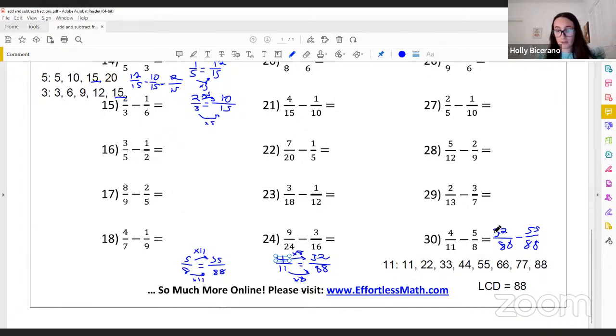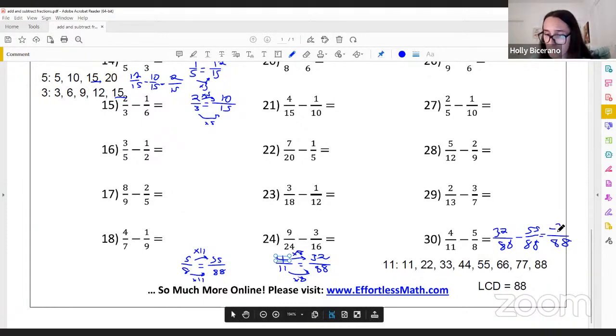So imagine you have $32 in your bank account, and you take $55 out, you'll have a negative balance. And so our denominator is 88. And then we do 32 minus 55. You can think of that as the same as 55 minus 32. And so that'll give us a negative 23 over 88.